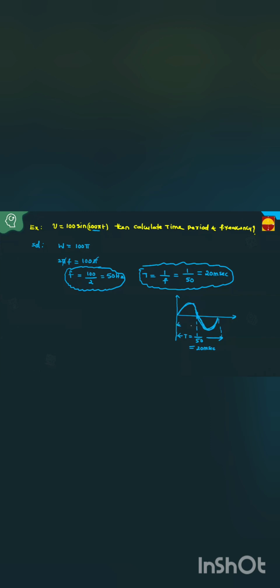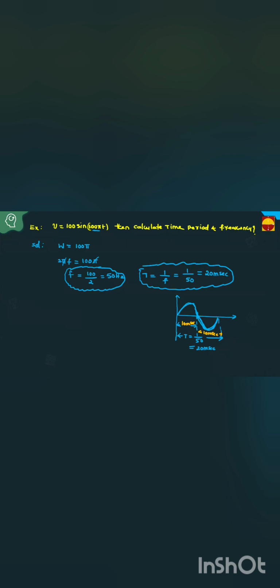If one cycle is 20 milliseconds, each half cycle is 10 milliseconds. That's the meaning: a 50 Hz sine wave has one cycle appearing for 20 milliseconds, and each half cycle appears for 10 milliseconds.